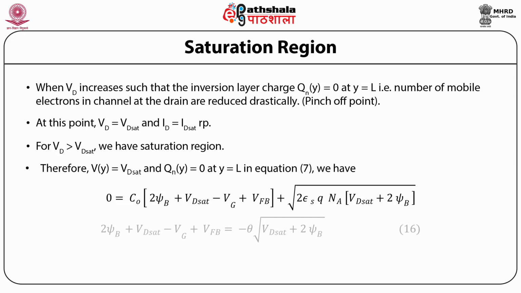So 2 psi b plus Vd saturation minus Vg plus Vfp equal to minus theta multiplied by [Vd saturation plus 2 psi b], where theta is equal to root of 2 epsilon s Qna by C naught.